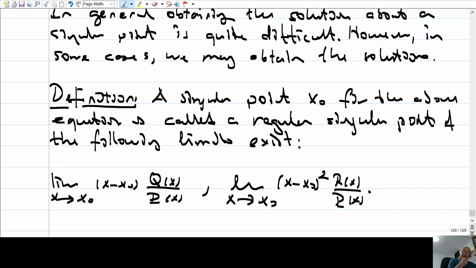Okay, so if both of these limits exist, then we say that this point x0 is a regular singular point. So it is singular, but it is not too bad. It is still some mild singularity. It's a regular singularity.